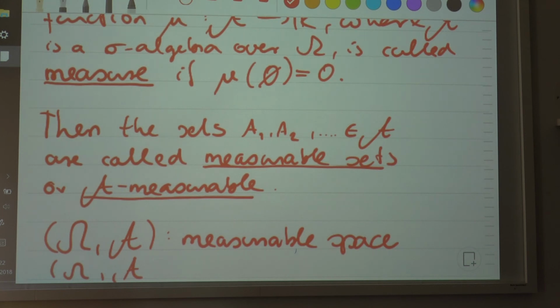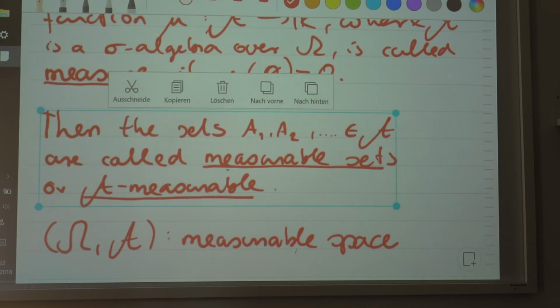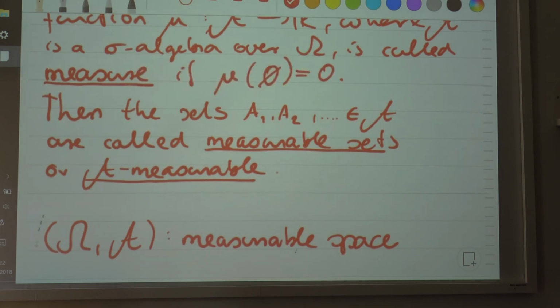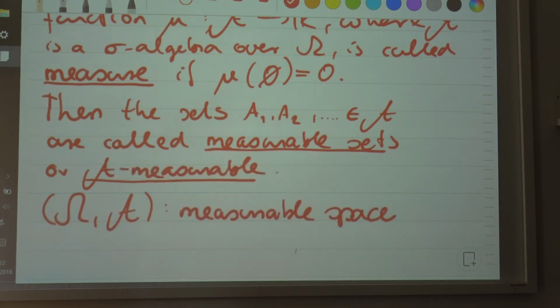I need a little more space, so I'm pushing that a bit further to the top. So this is a measurable space, and this is just the ordered pair.